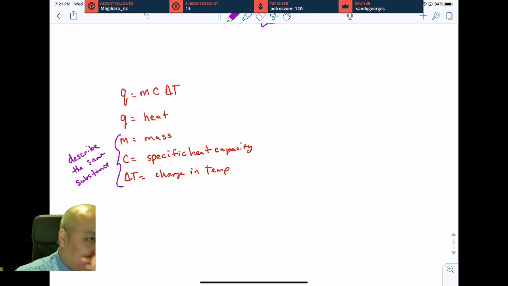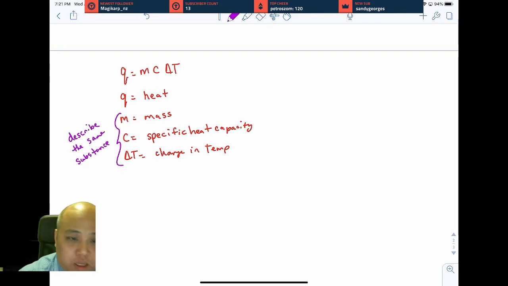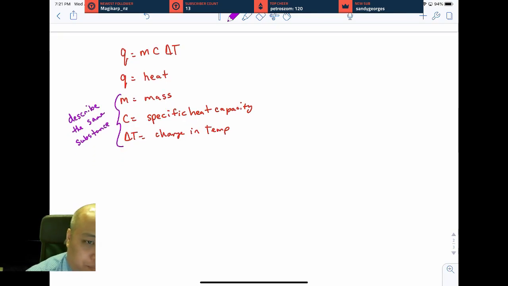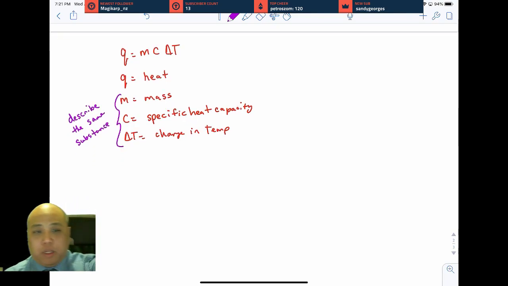Okay. So, because what they'll do is, well, let's talk about this. So Q is the heat of that substance, of that same mass, specific heat capacity, and change in temperature.